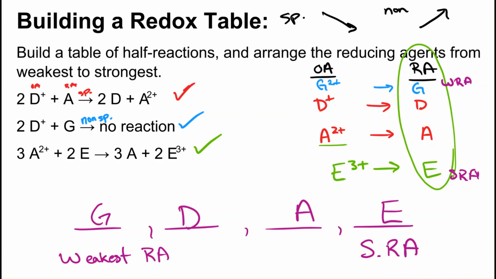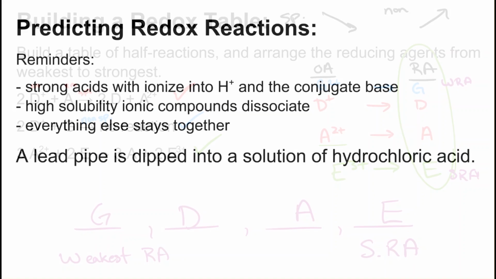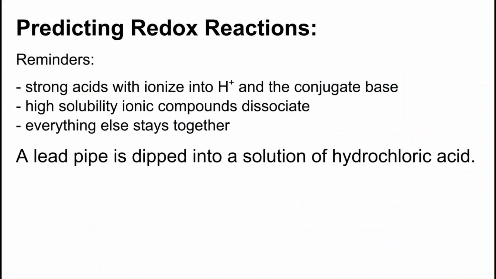Hopefully that made sense. Let us know if you have any questions or comments, but we're going to move on to the next concept. Here we're doing predicting redox reactions. The basic idea behind this, there's 5 steps, but hopefully it's a little bit intuitive.